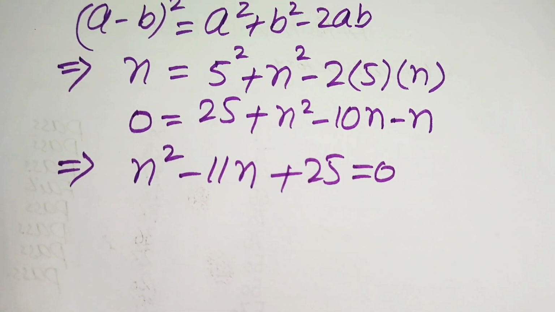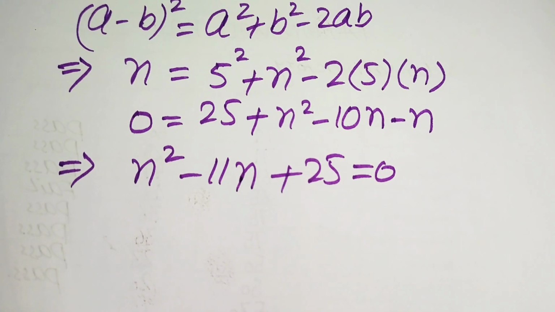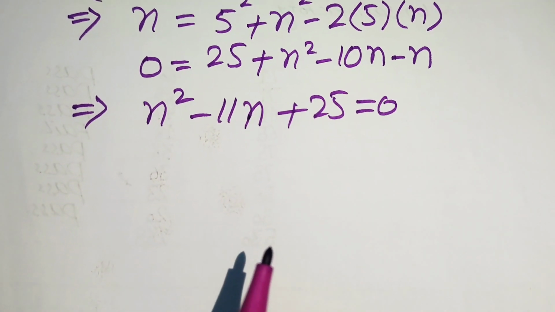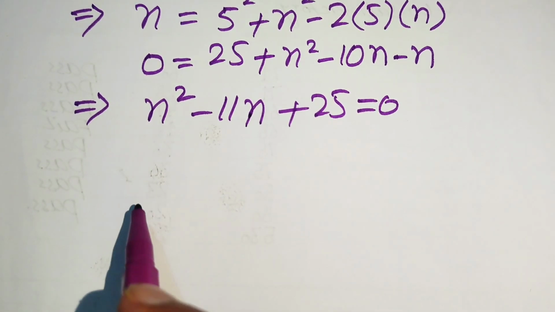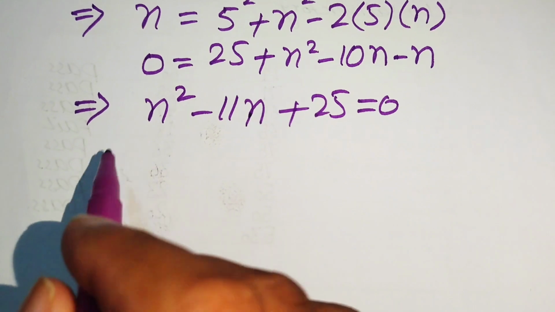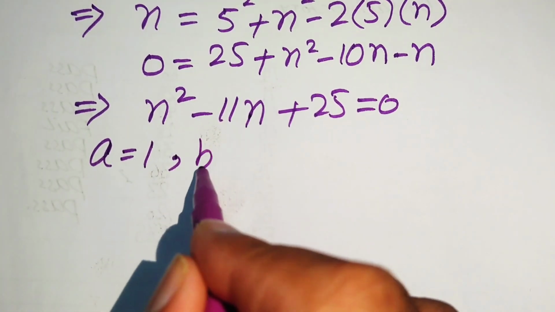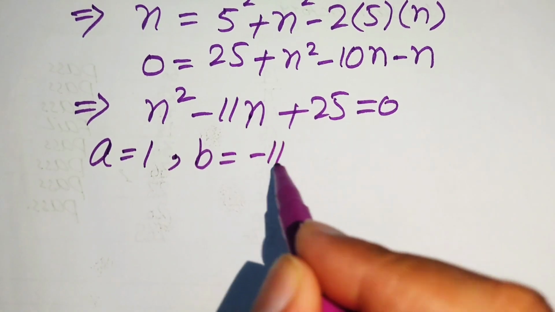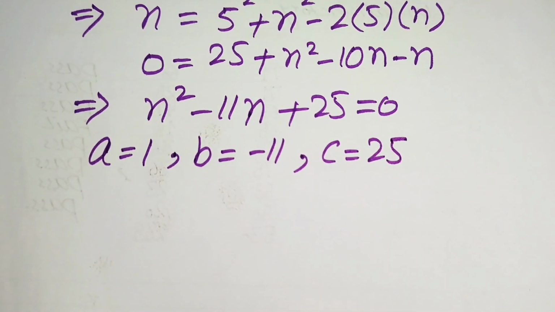And now you see here this equation becomes a quadratic equation in n variable, so here we use the quadratic formula in order to solve this quadratic equation. So now first we write the coefficients of this equation, and its coefficients are a equals to 1, b equals to minus 11, and c equals to 25.